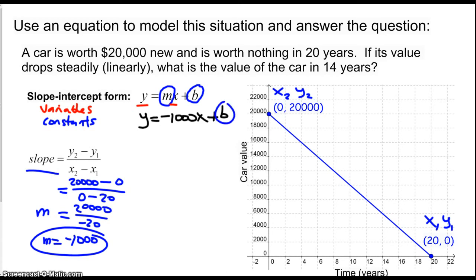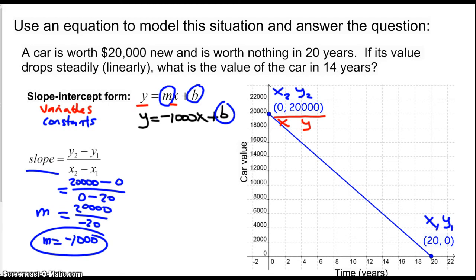Okay. So now a general way that you can do this is you can now pick a point, like for example this point, and plug in the two values that you're given for x and y, because that point, 0, 20,000, must make my equation true, right? So there's only one value of b where if I set that properly, then 0, 20,000 will make the equation true.